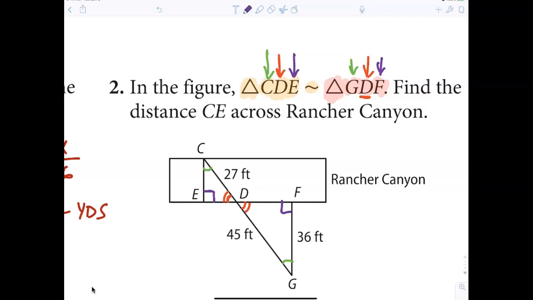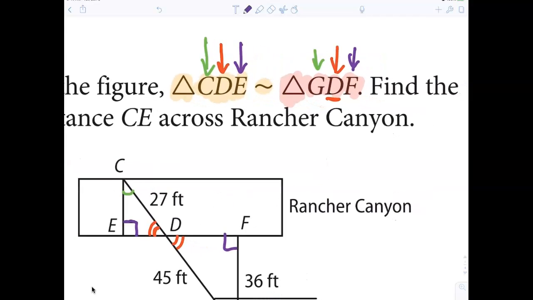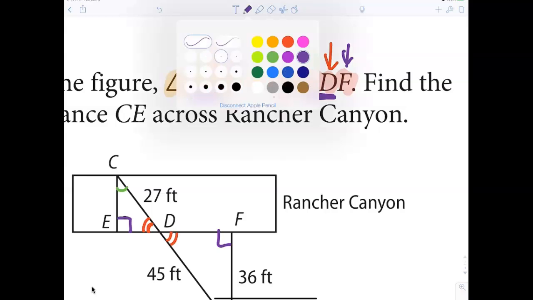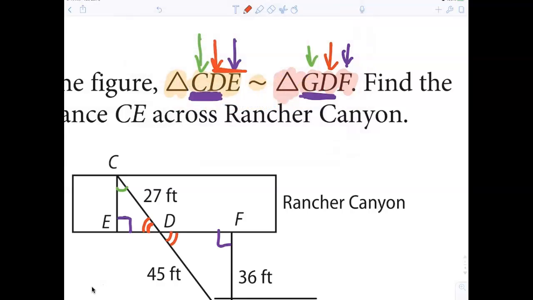Side CD. Oscar, CD corresponds to what side? Look on the board. CD corresponds to what? Yes, now you understand the relationship. CD corresponds to GD.